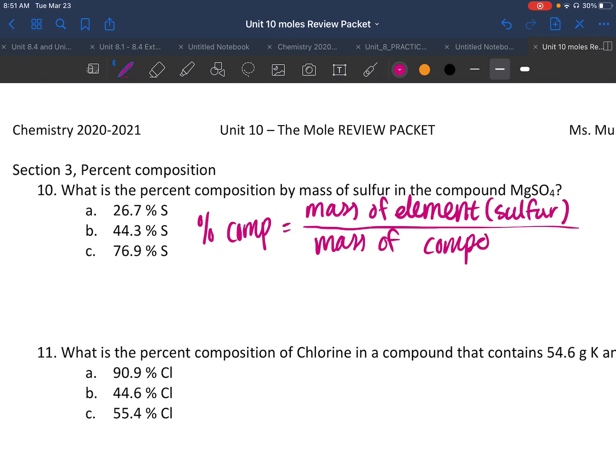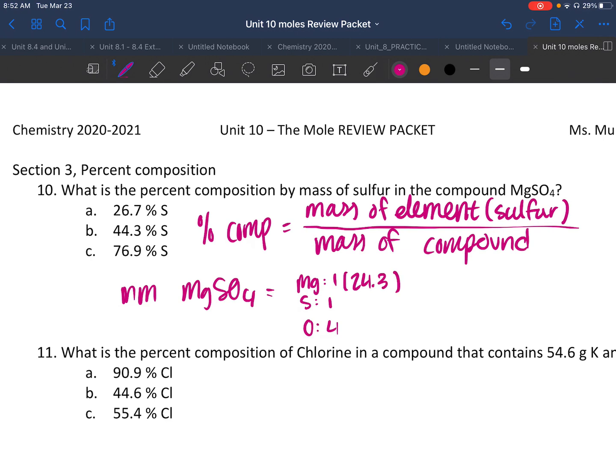So the biggest thing here, can you find the molar mass of MgSO4? Well, that is going to be equal to, you have 1 Mg, 1 S, 4 oxygens, so 1 times 24.3, 1 times 32.1, 4 times 16.0, which I think is 64.